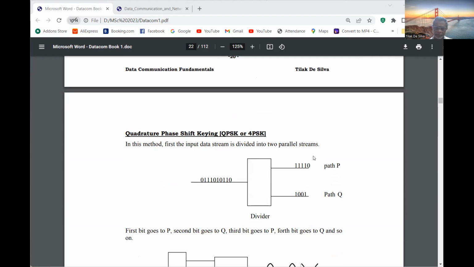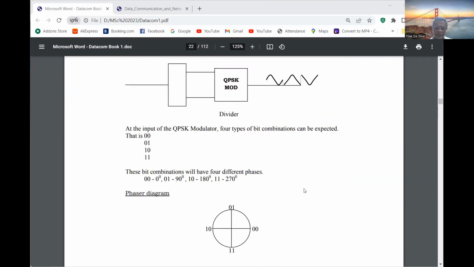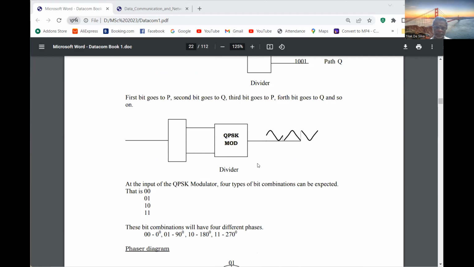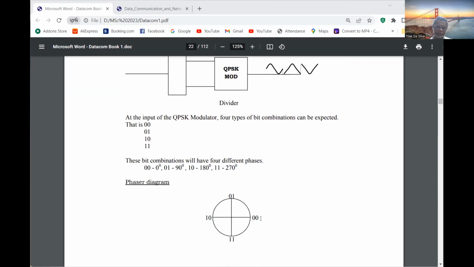Then you take a pair of bits from path P and path Q. Now this is 0, 1. If it is 0, 1, what will be the phase shift? According to the phasor diagram, it is 90 degrees phase shift. Then your signal will be 90 degrees phase shifted. If it is 0, 0, no phase shift.